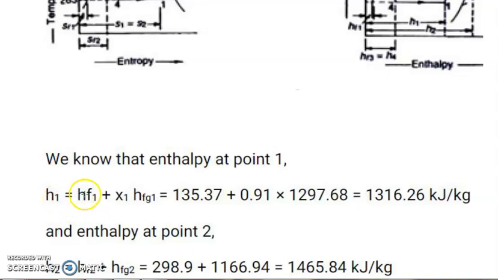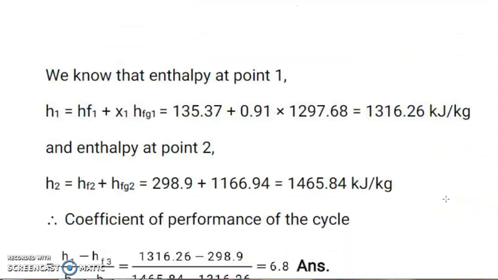So H1 is equal to HF1 plus X1 into HFG1. HF1 is given 135.37, X1 is given 0.91 and HFG1 is given 1297.68. If you calculate, you will get 1316.26 kilojoule per kg. Like that, we can calculate the enthalpy at state 2.